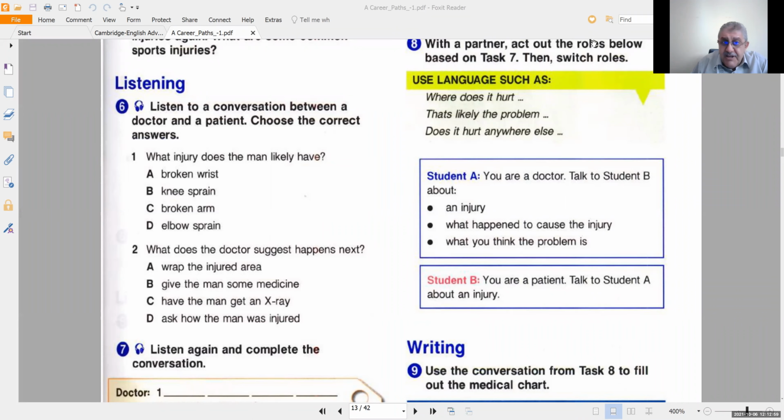To wrap the injured area, give the man some medicine, have the man get an X-ray, or ask how the man was injured. Let's listen 2 times, then we answer the following questions.